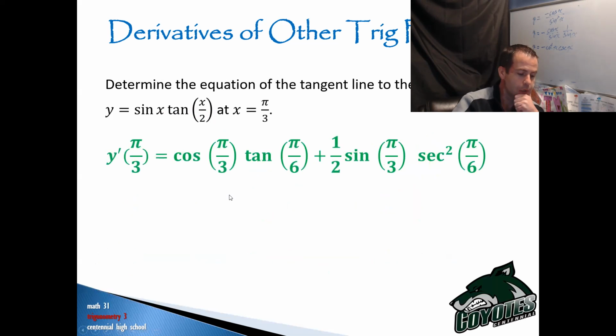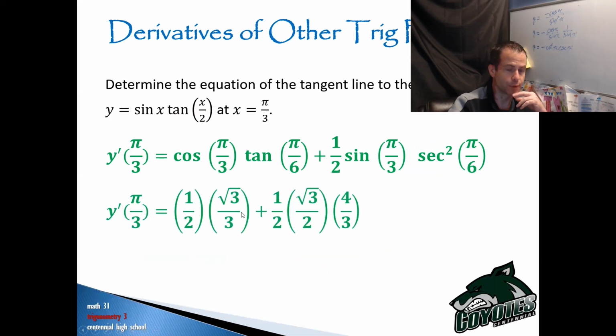Okay, so I know that the cos of pi over 3 is 1/2. The tan of pi over 6, remember that if you think back to your 30-1 days, tan is your y value divided by your x value. Okay, so that'd be your sine divided by your cos. So tan of pi over 6 ends up being root 3 over 3.